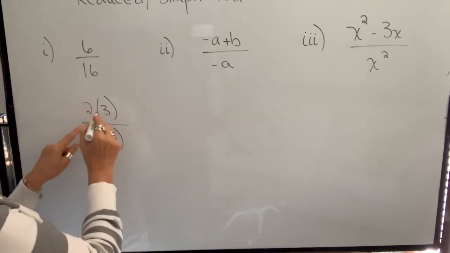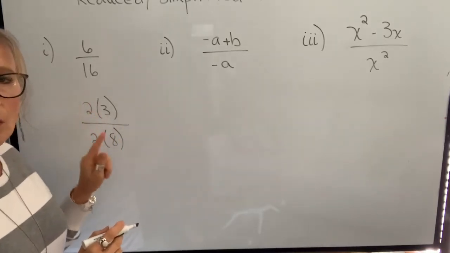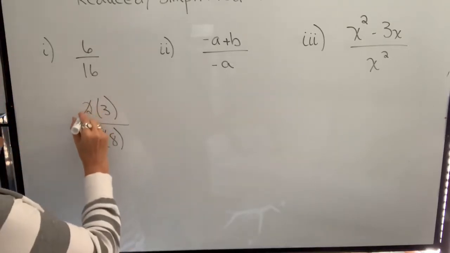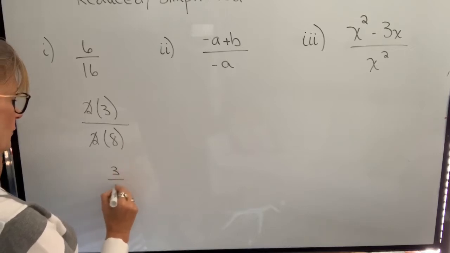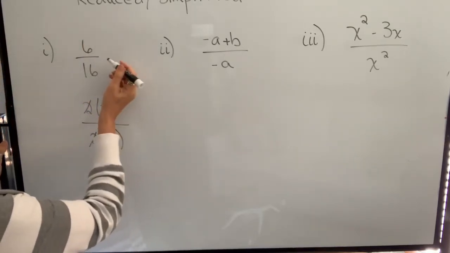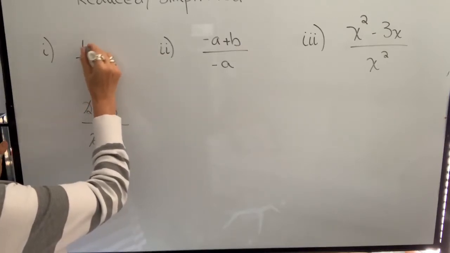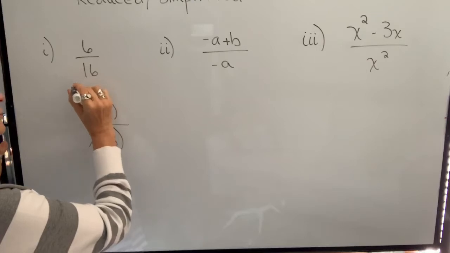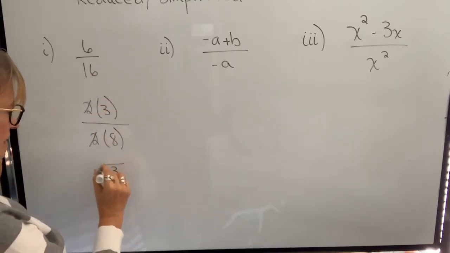And once you have it in factored form, we can cancel common factors. So I can cancel the 2 in the numerator and the denominator, and that gives me 3 8s. Or you could simply say, well, 2 goes into there 3 times, cross it out, put a 3. 2 goes into there 8 times, cross it out, write an 8, and you're left with 3 8s.